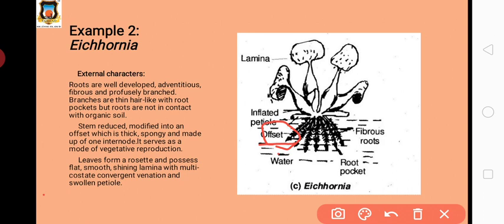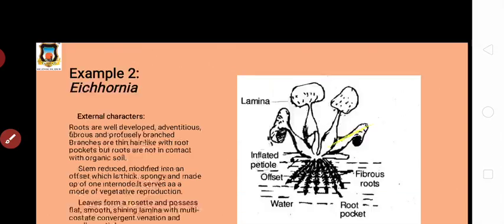The leaves are in a rosette, with flat, smooth, shining lamina with multicostate venation and swollen petiole.